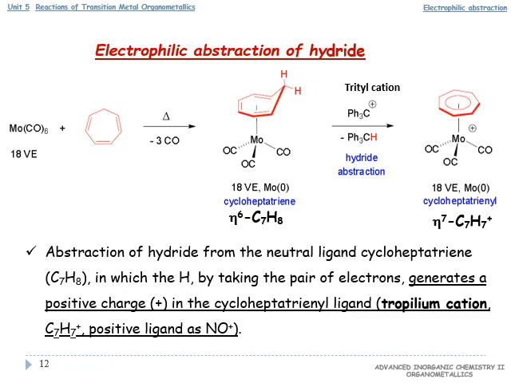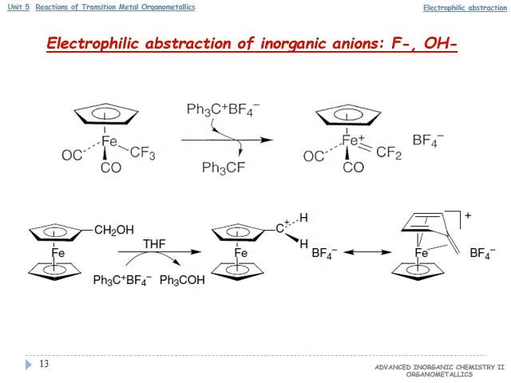The cycloheptatrienyl ligand obtained is a positive ligand called tropylium cation. Similarly, it is possible to abstract other inorganic anions, such as fluoride or hydroxide, using the trityl cation.